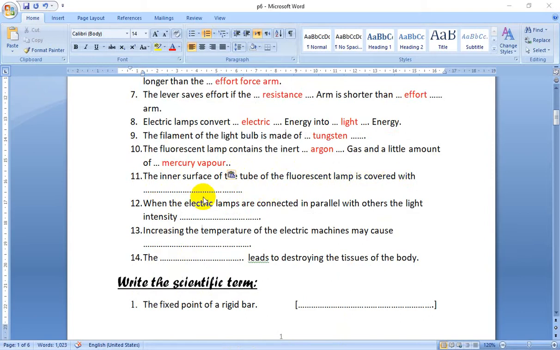Yes, phosphoric material. Number 12. When the electric lamps are connected in parallel with others, the light intensity doesn't change, but in series connection it changes.